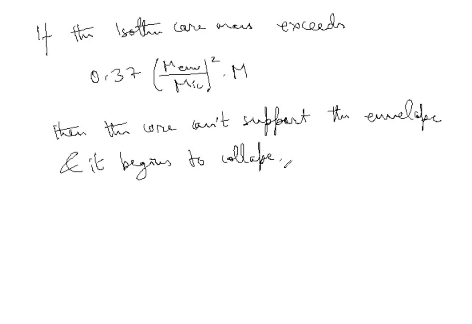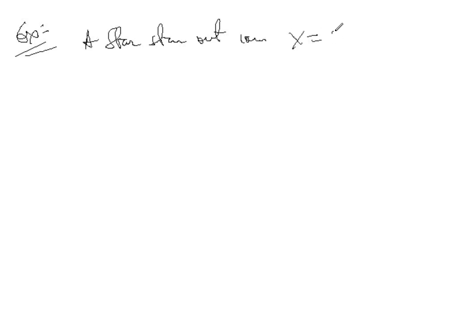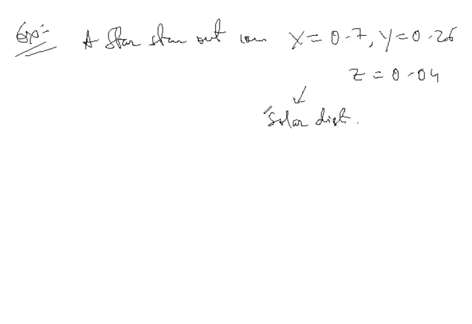Okay, now let us do an example in this regard. Suppose a star starts out with a composition of x equal to 0.7, y equal to 0.26, and z equal to 0.04. So basically solar distribution, the metals have the solar distribution, right?